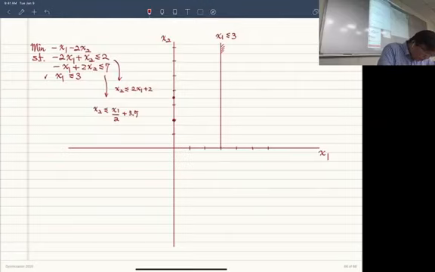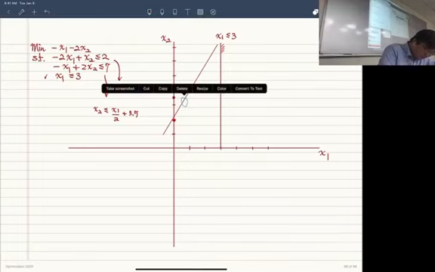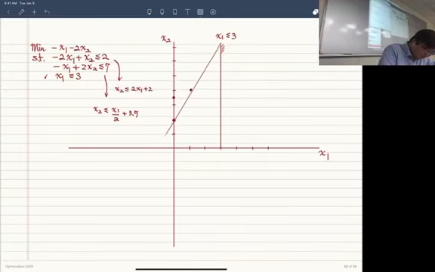1/2. So I should have a point or 2. Oh, this is by 2. So I should pass through this point. Okay, precise enough. And the other one, I should have something like this.